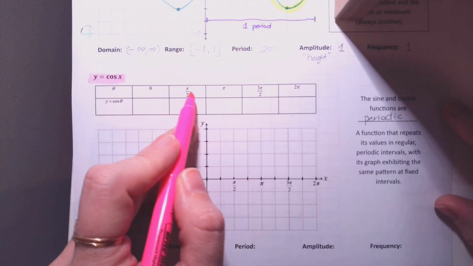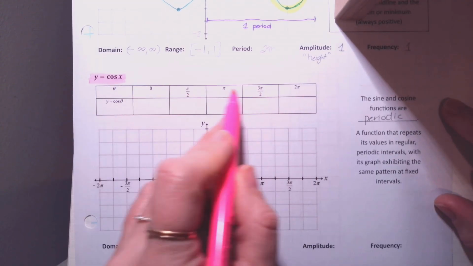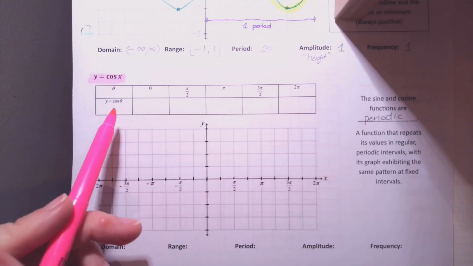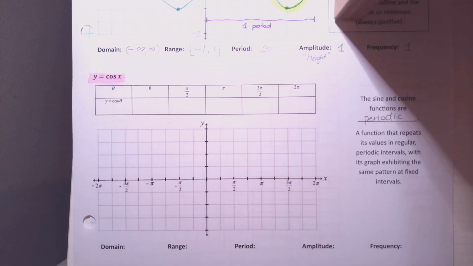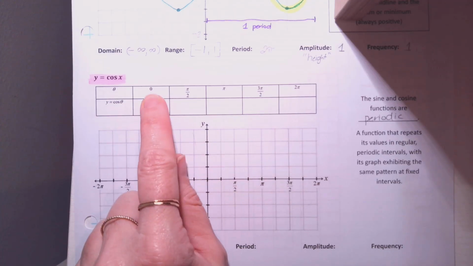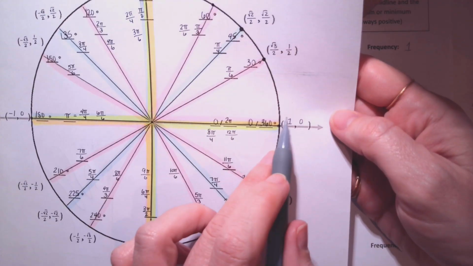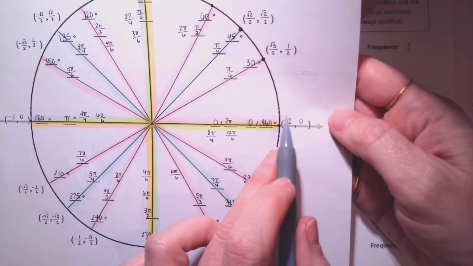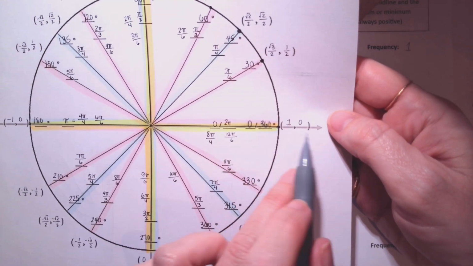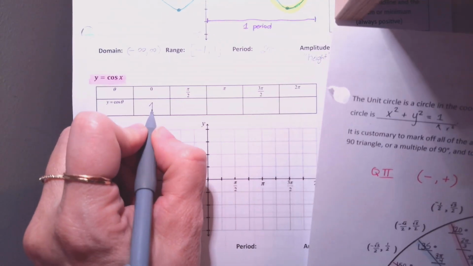Again, using those same input values that we called our key points, although the output values for cosine are slightly different. Okay, so starting with at an angle of 0, what would be the cosine? So back to my unit circle. At an angle of 0, my cosine is 1, because remember it's cosine, sine. Cosine is 1.